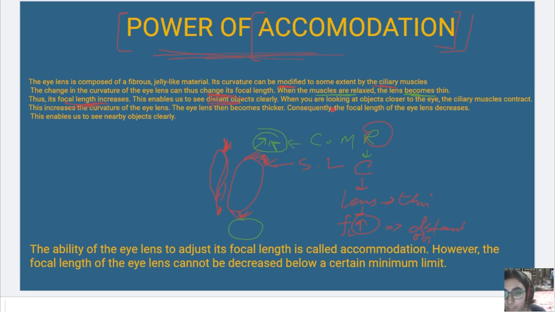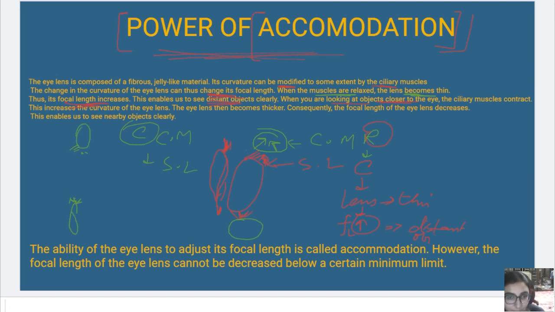This was for distant objects. Now, when we are looking at objects closer to the eye, you can very well understand that the opposite is going to happen. Here, the ciliary muscles will undergo contraction, as a result of which the suspensory ligaments will relax. Now they are relaxed, and the ciliary muscles in turn have become tight.